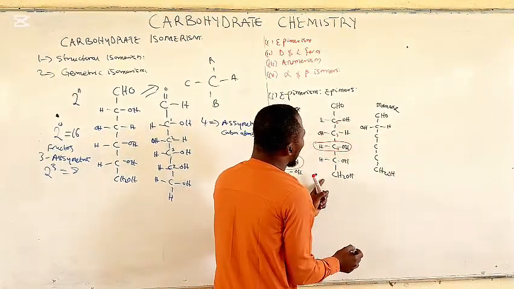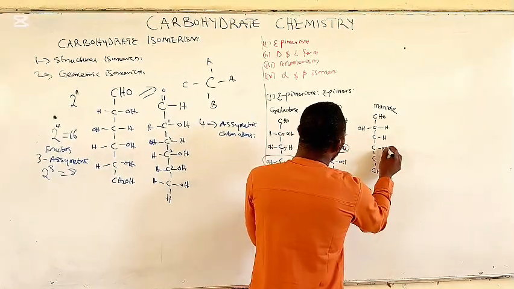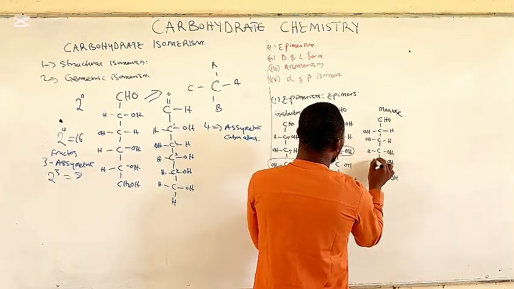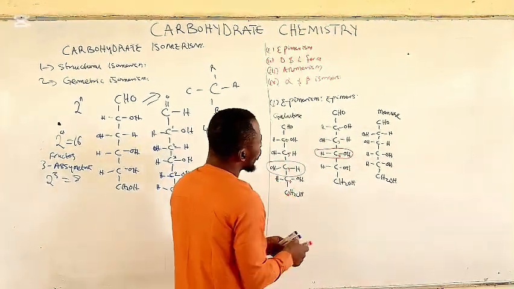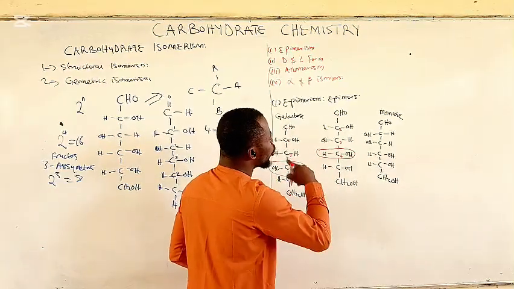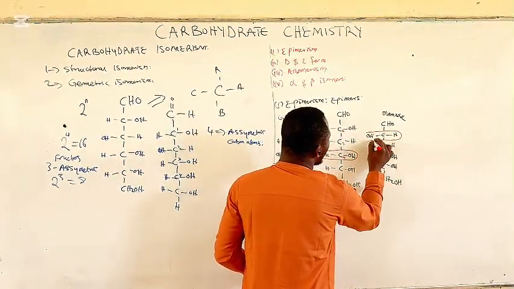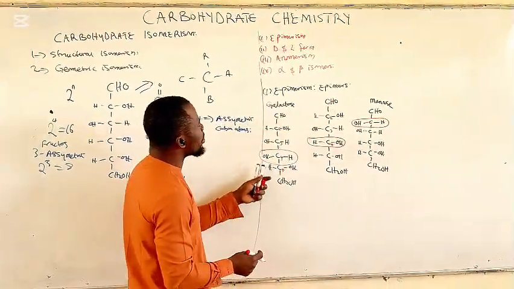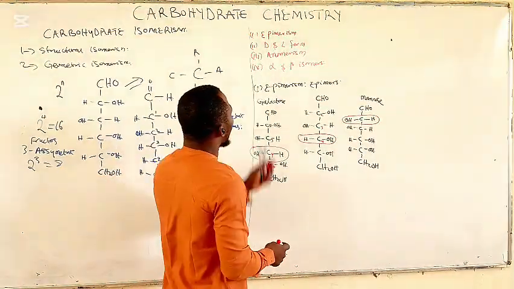Every other carbon is the same as glucose: H, OH, OH. So this is the structure of mannose, which differs from glucose only in the orientation of the OH at carbon number 2. So mannose is an epimer of glucose at carbon 2, and galactose is an epimer of glucose at carbon 4. That is about epimerism.